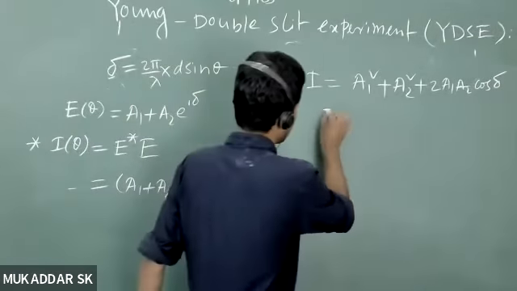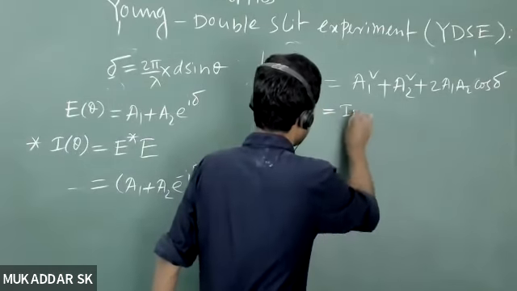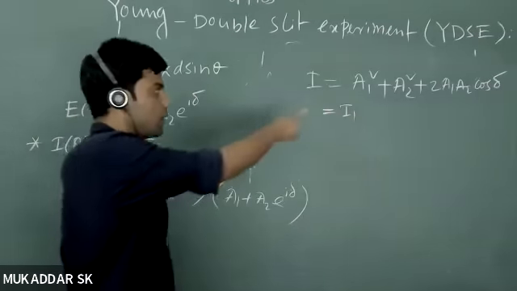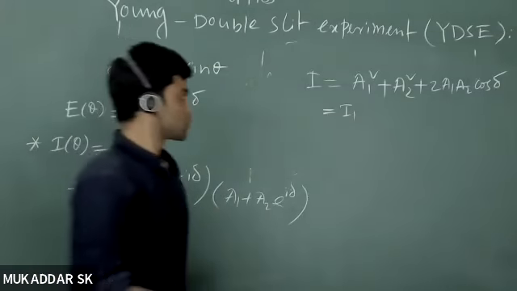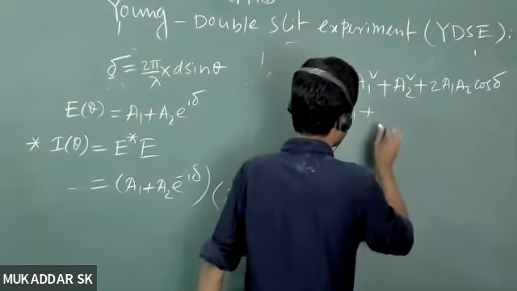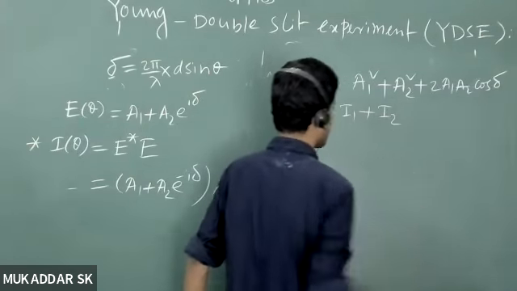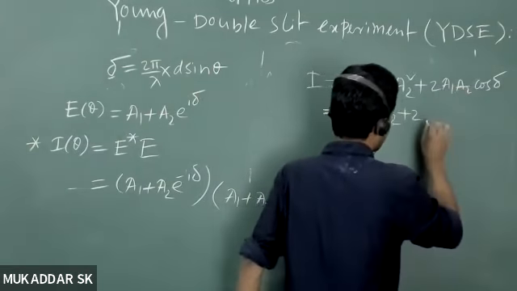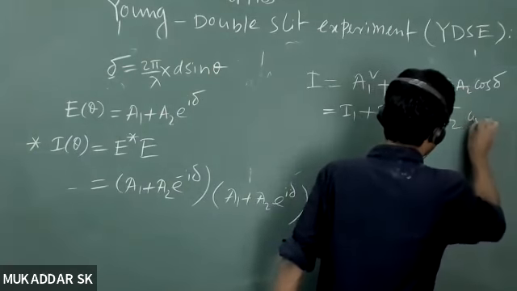A1 square के जगह पे हम क्या लिख सकते हैं बताओ? I1 लिख सकते हैं. The intensity coming from slit 1, that will be I1, because you know that amplitude square is nothing but intensity. So I1 plus, A2 square के जगह पे I2 लिख सकते हैं. And root over A1 A2 के जगह पे हम लिख सकते हैं root over I1 I2 cosine of delta.